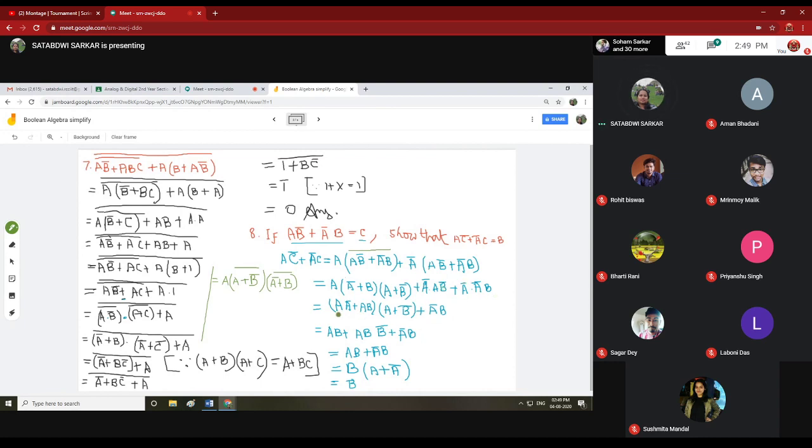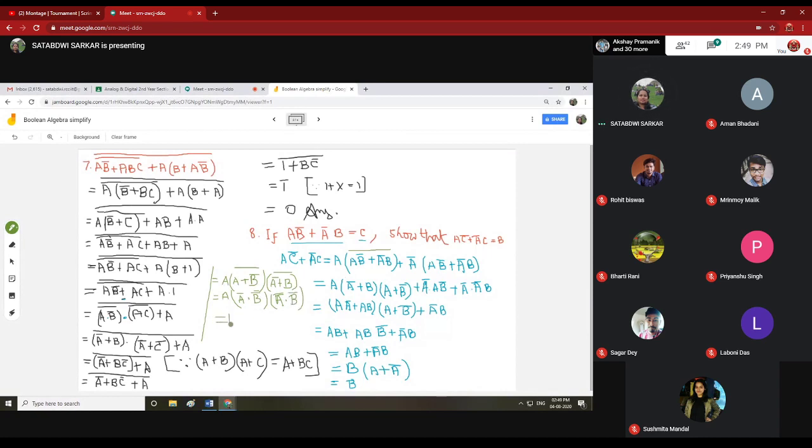Now in this part, what we will get is A into A complement into B double complement, that means B. We can also write B into A double complement into B complement.